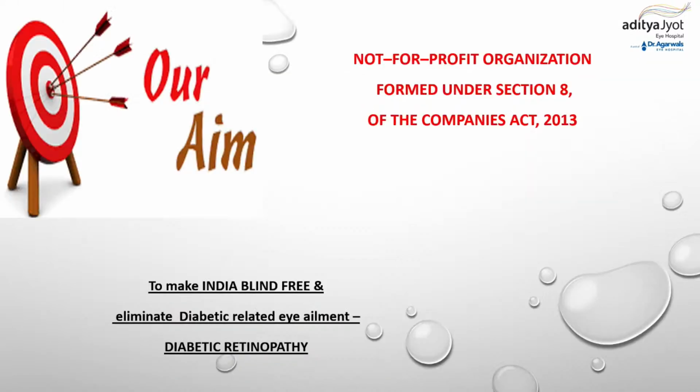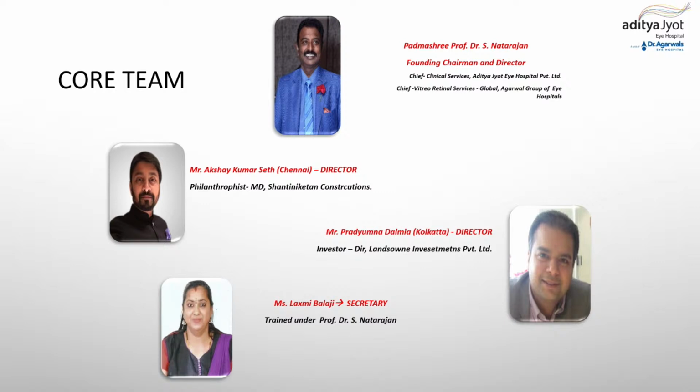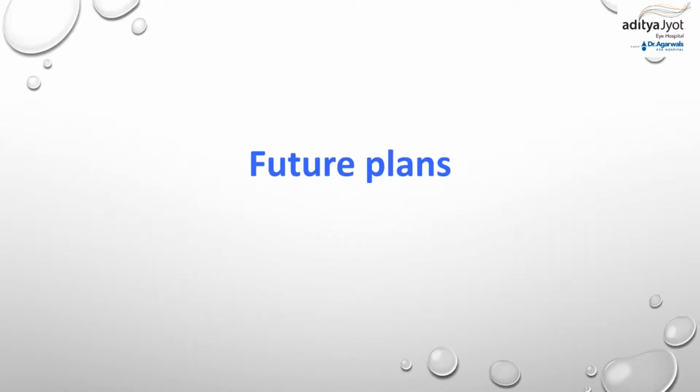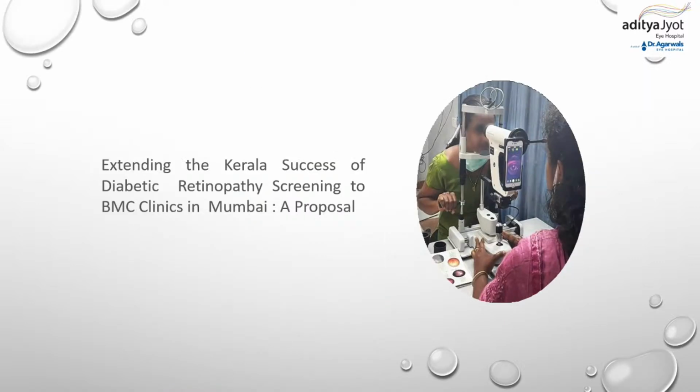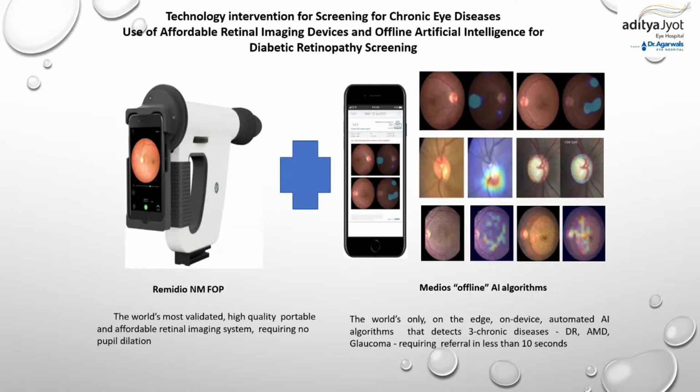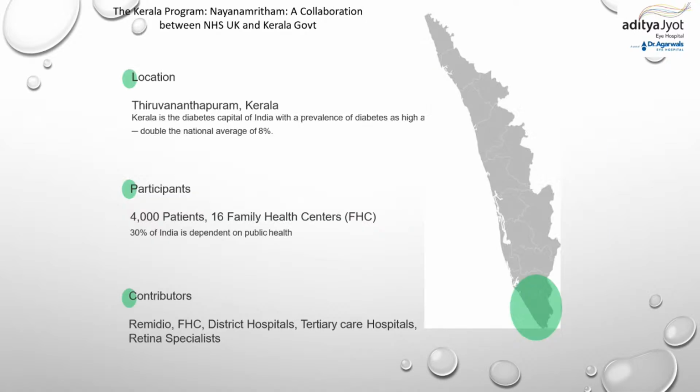So I made another Section 8 company, like the 501(c) in the US, to make India blind free. We want to make this a not-for-profit organization, which has 2 directors. And the future plan is based on a similar study done by Shobha Sivaprasad from Moorfields, London, where she impressed the government of Kerala and used Remidio.